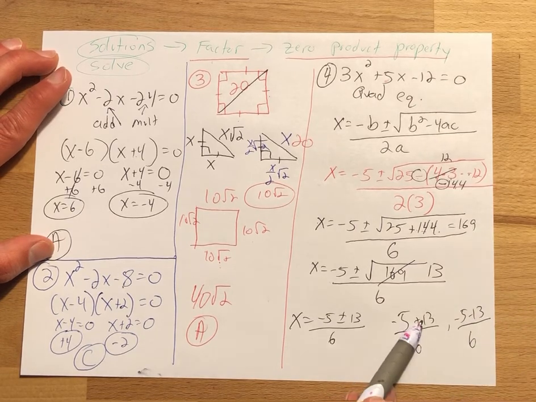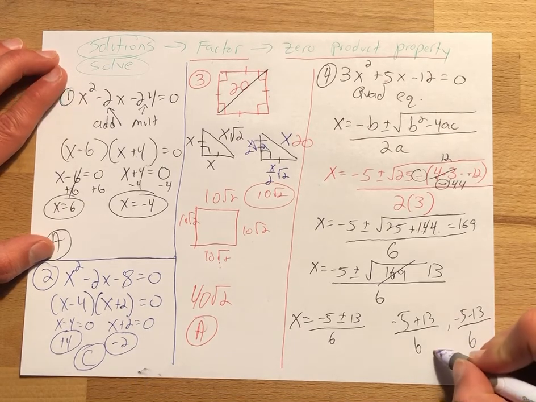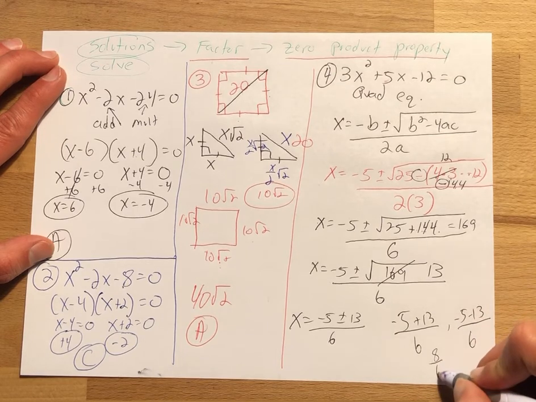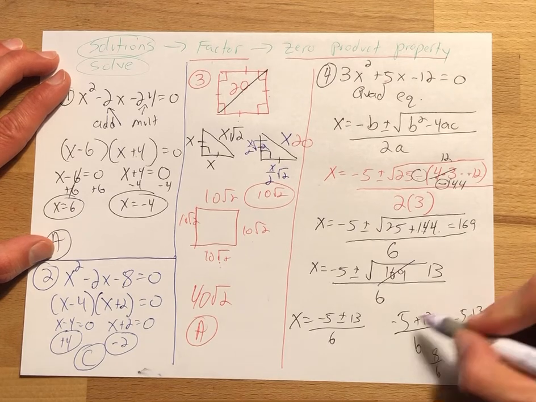Negative 5 plus 13 over 6 is going to be 8 over 6, which is a positive 4/3.